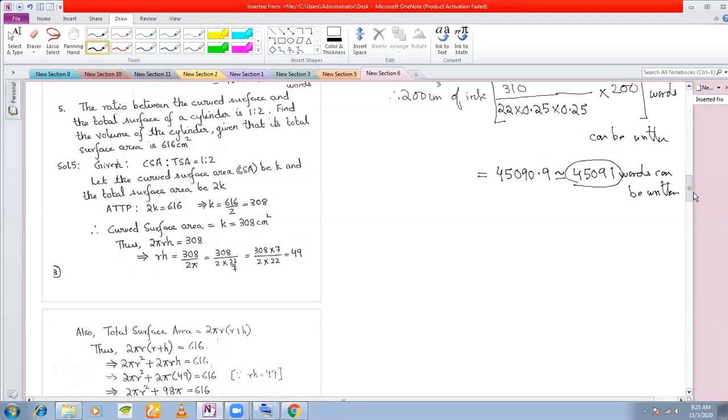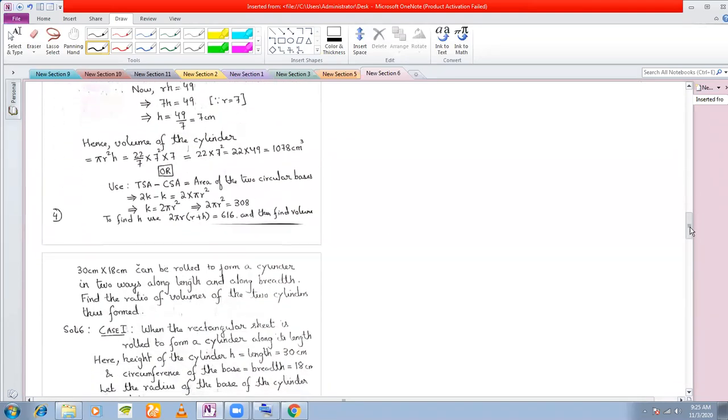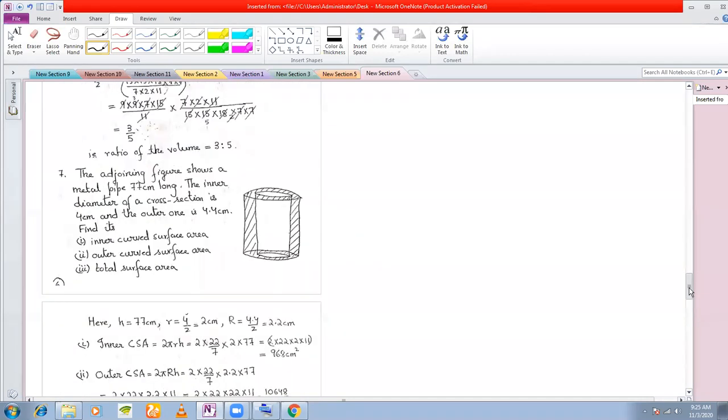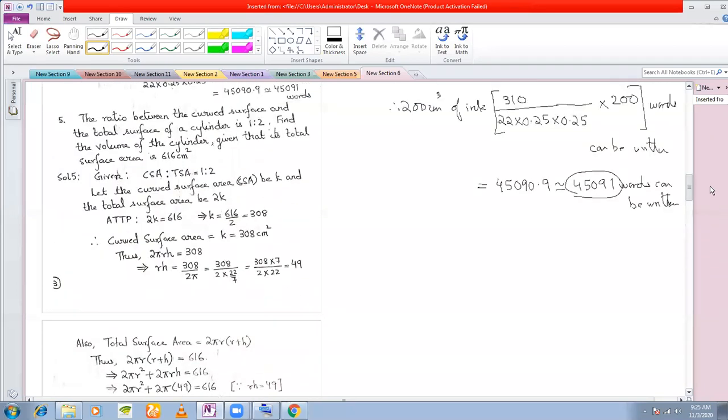Let us see number 5 here. The ratio between the curved surface area and the total surface area of a cylinder is 1:2. Find the volume of the cylinder given that its total surface area is 616 centimeters square.